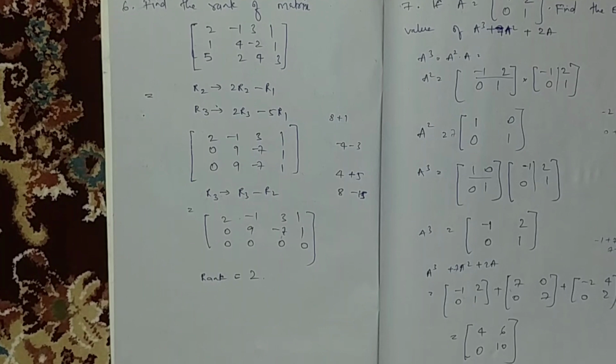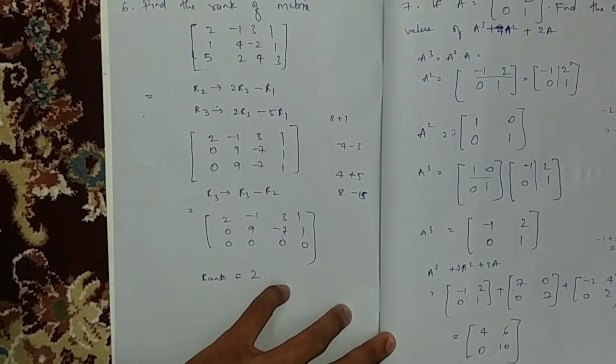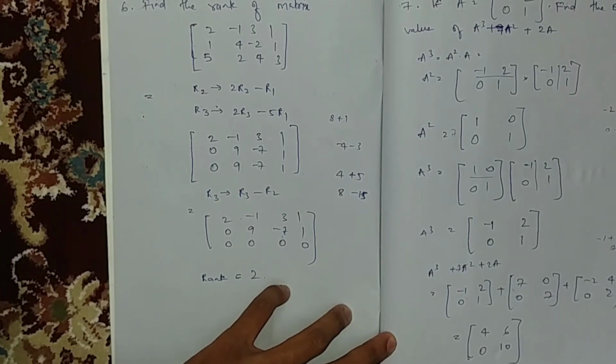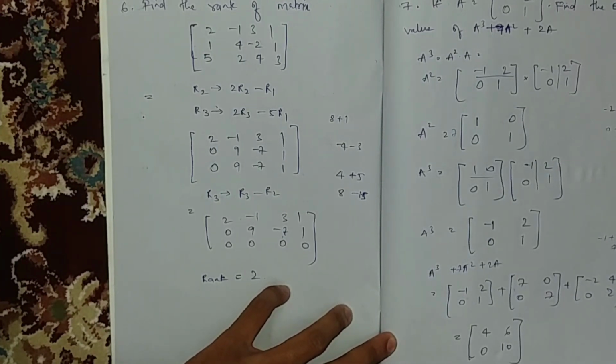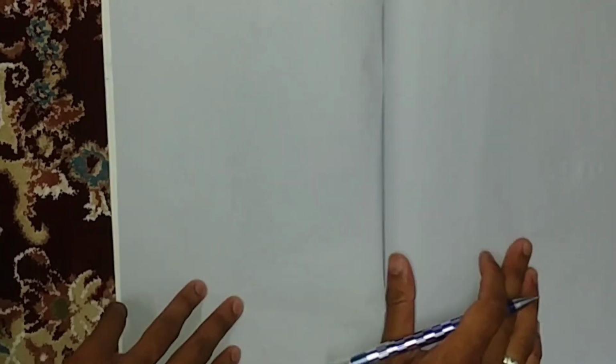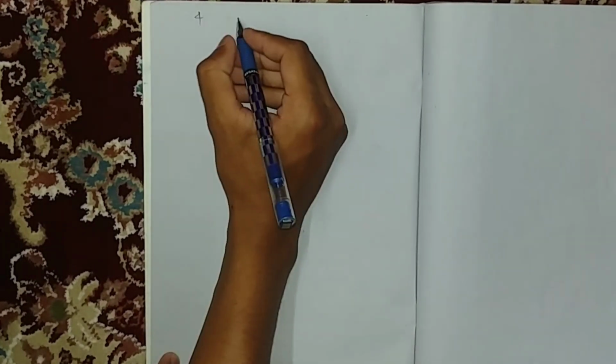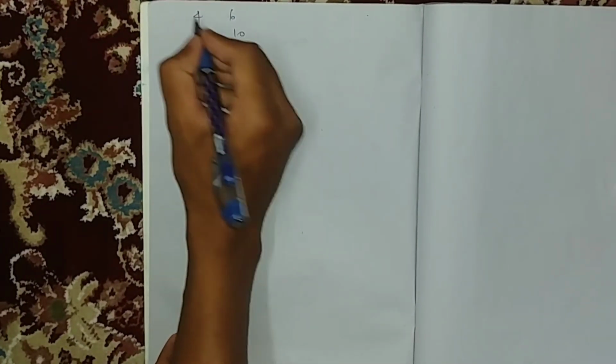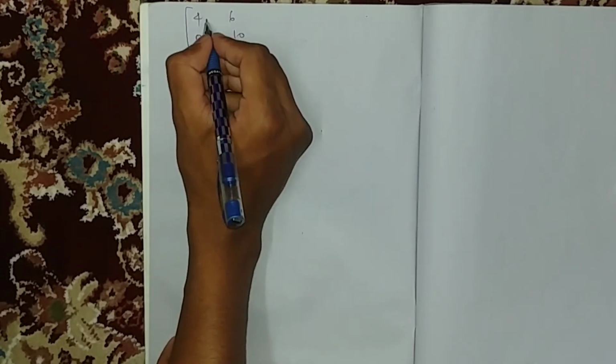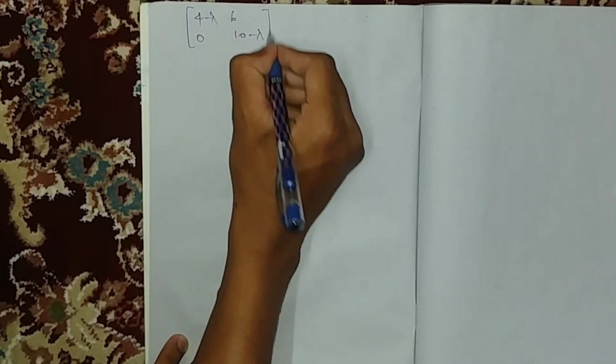Now you need to find the eigenvalues of this matrix as A minus lambda I is equal to 0. This is the characteristic equation. 4, 6, 0, 10. So after subtracting lambda I, it becomes minus lambda and minus lambda in the diagonal elements.